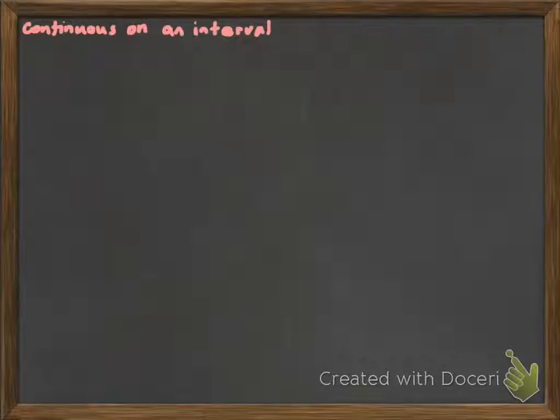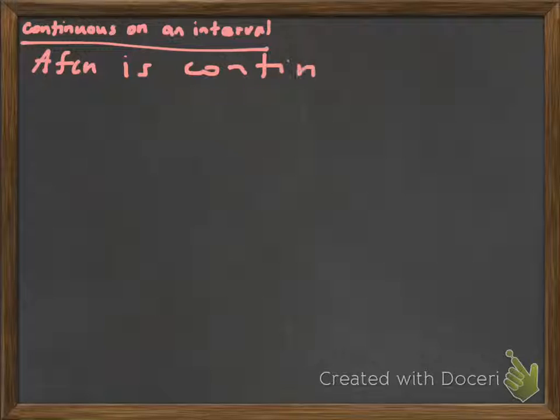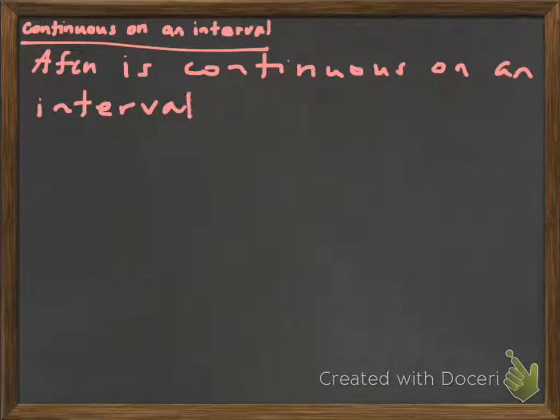All right? Continuous on an interval. Okay? A function, FCN, universal abbreviation for the word, is continuous on an interval if and only if, which we write as "iff" with two F's, which we learned in geometry.